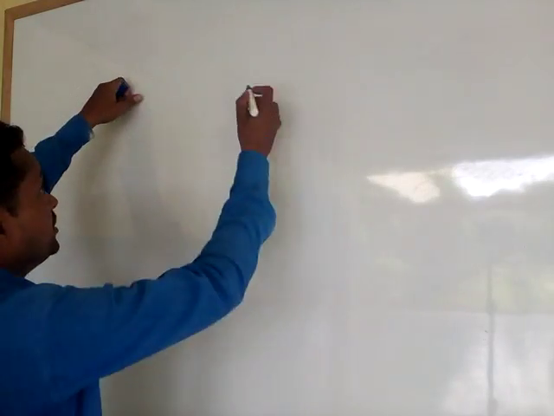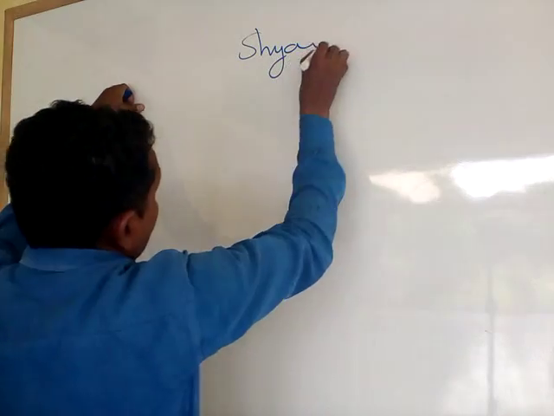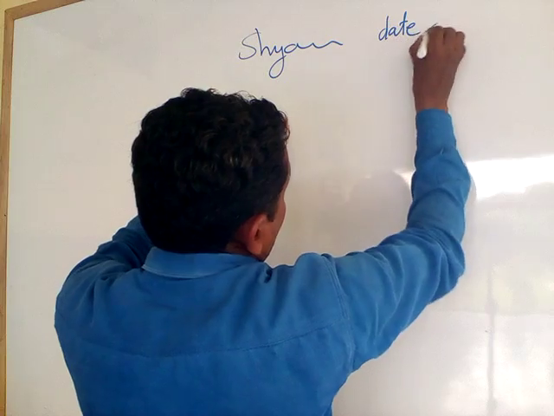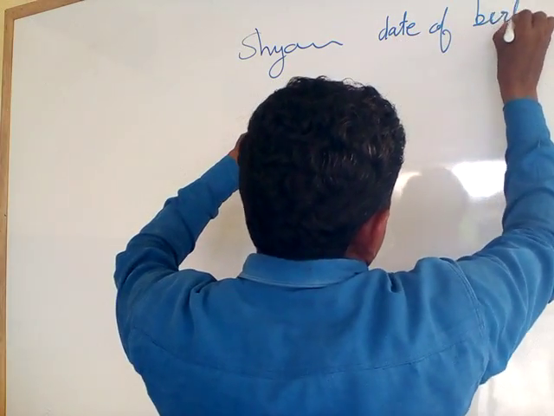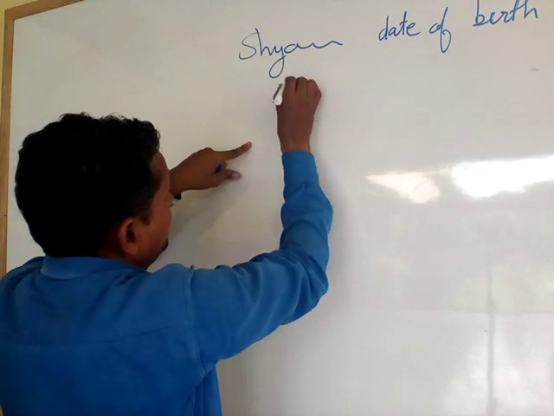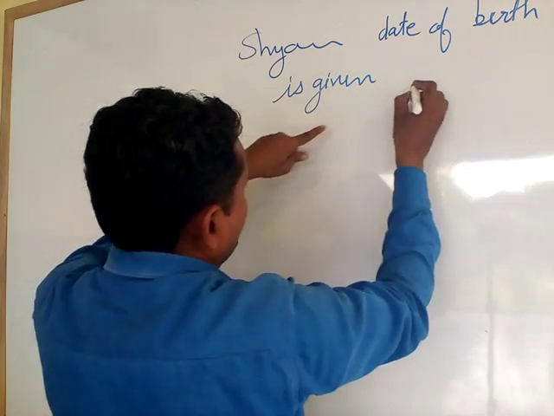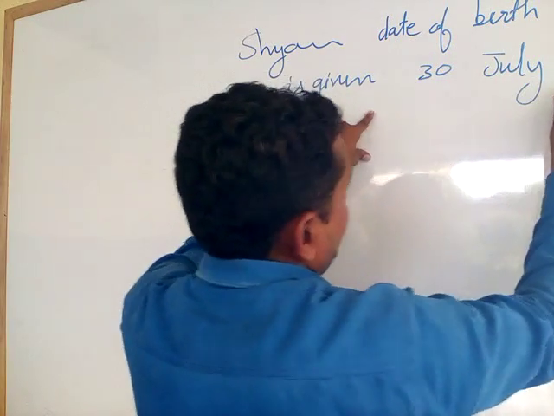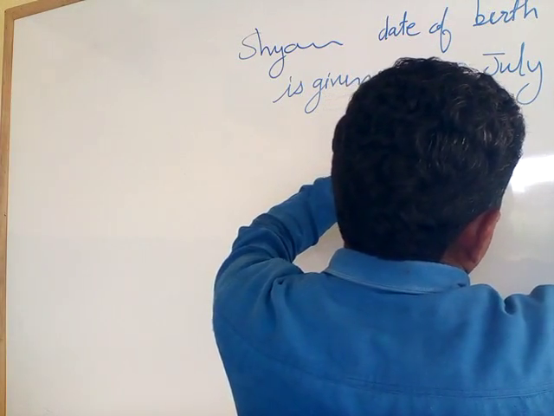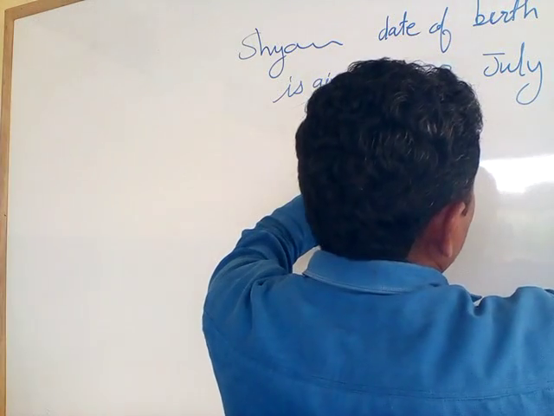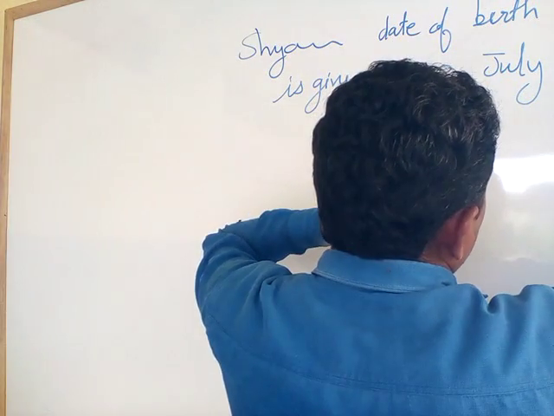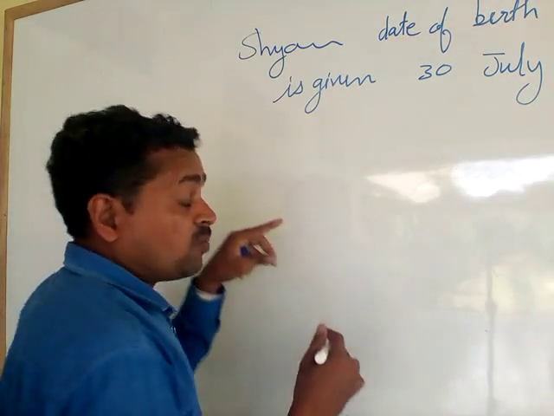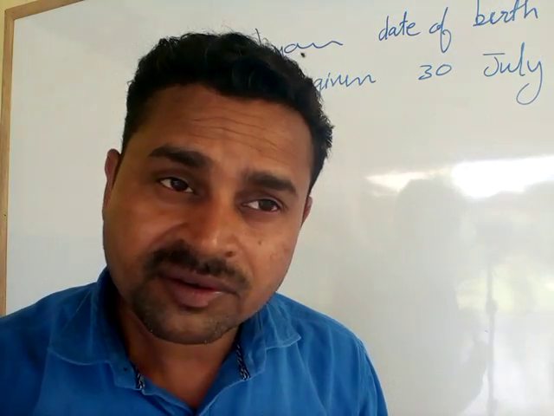Well, now come to it. Suppose Shyam's date of birth is given as 30 July 2001.